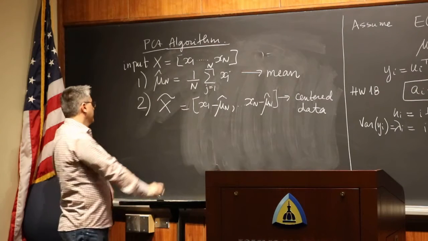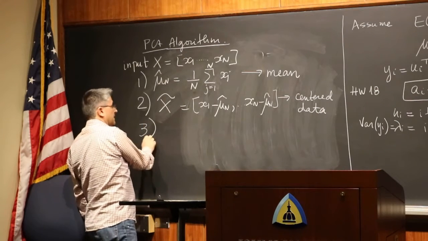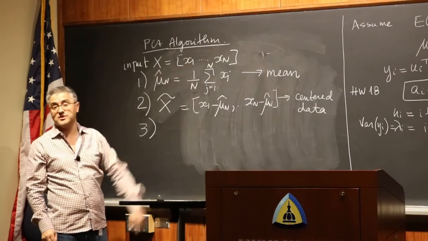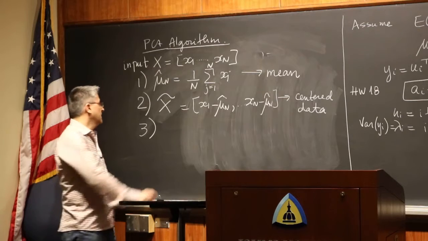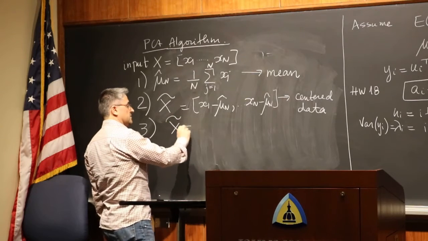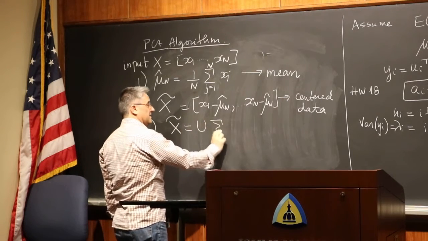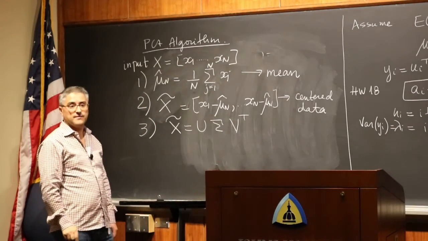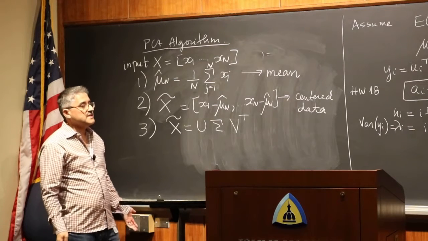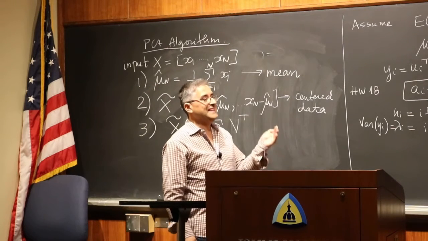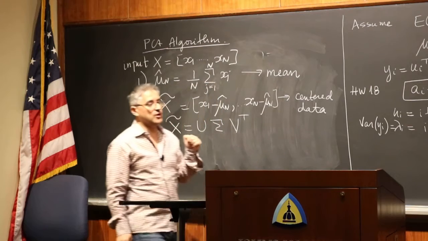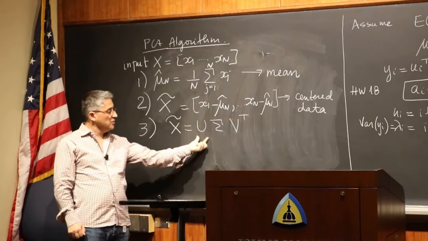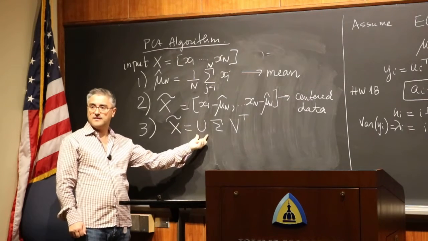And the third step is to compute the singular value decomposition of this centered data: x tilde equals U sigma V transpose. The final result is that I need the eigenvectors of that covariance, but I've proven that the eigenvectors of the covariance are the u's of the SVD.